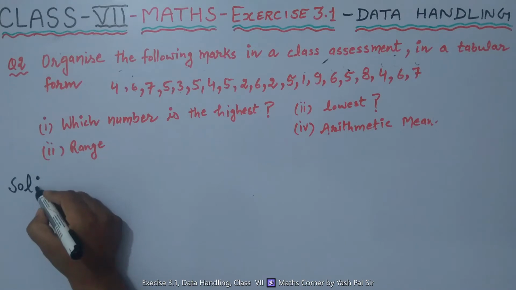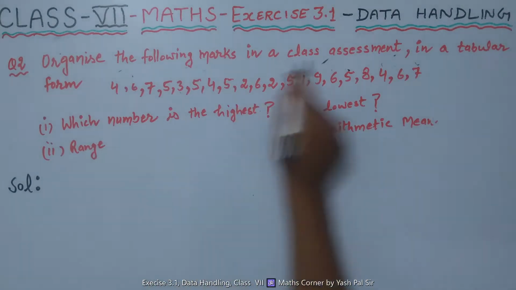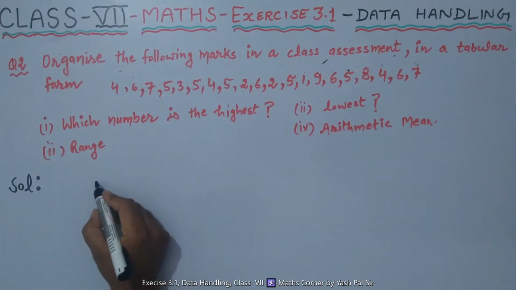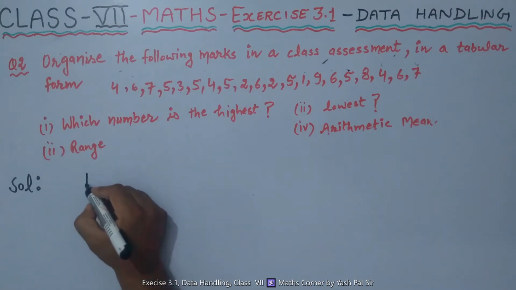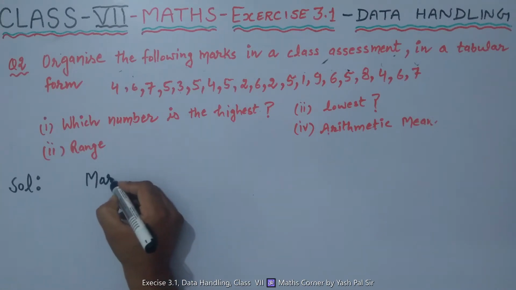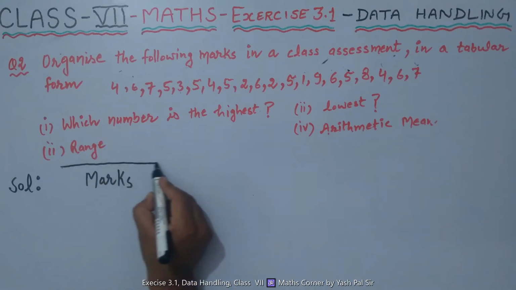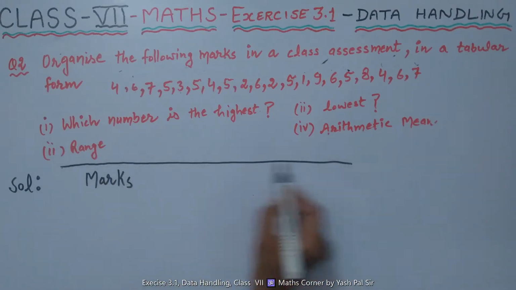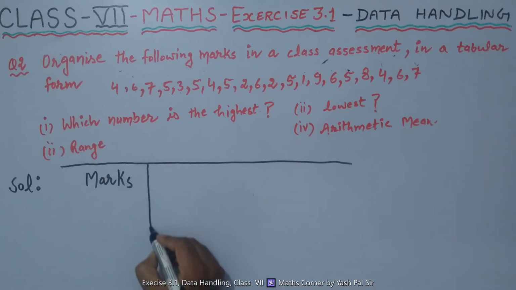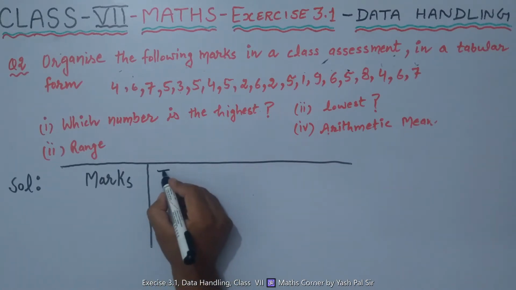First of all, how to make the tabular form? For this purpose, first of all we write here marks. Okay, so we make one table like this. After marks we write tally marks.